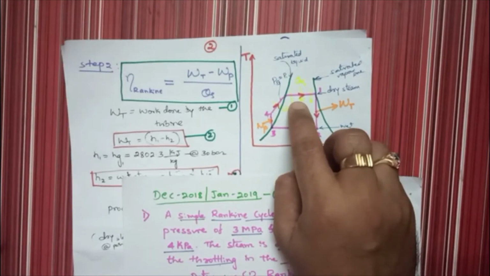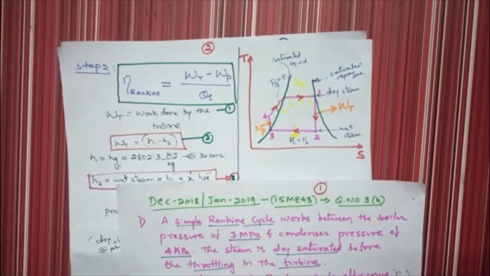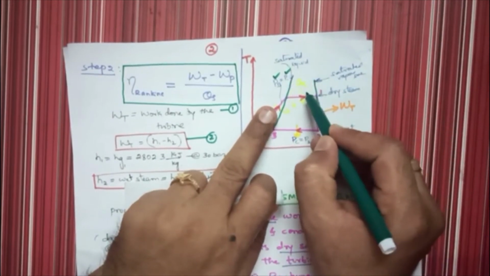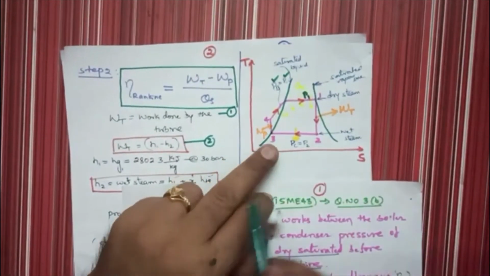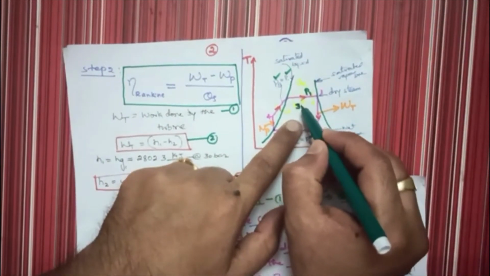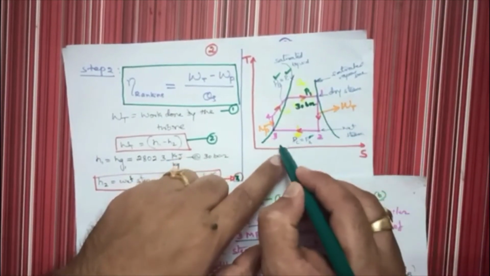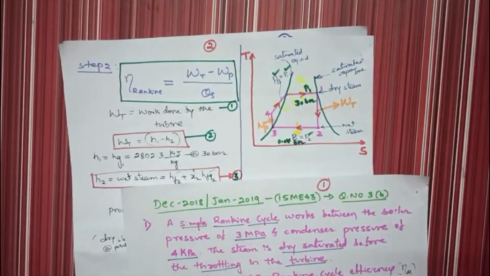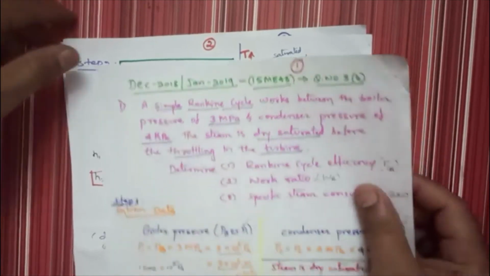So here I have written boiler pressure as P1 and condenser pressure as P2. Here it is 30 bar, and here it is 0.04 bar, which he has given in the problem.